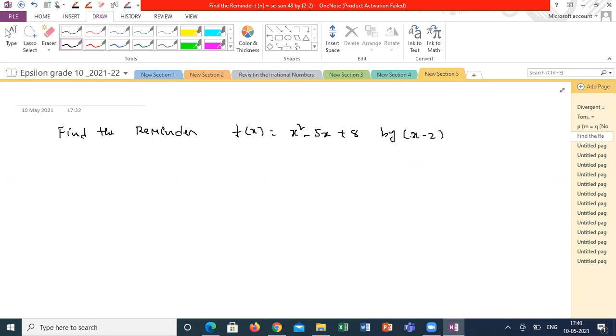One more question. f of x is equal to 6x square minus 21x plus 71 by x plus 3.